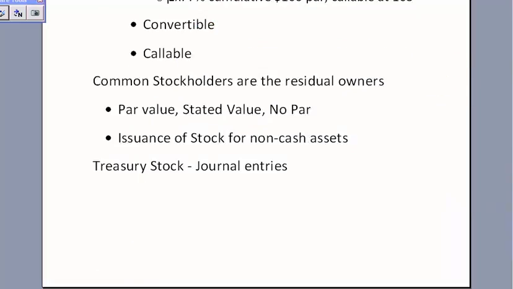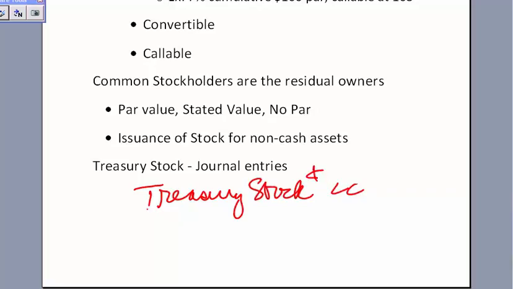All right. Then the last item here is treasury stock. Treasury stock is when you go out and buy your own shares of stock, and so you use the fair market value. So you would record treasury stock, and let's just use simple numbers, and say $20 and cash 20.